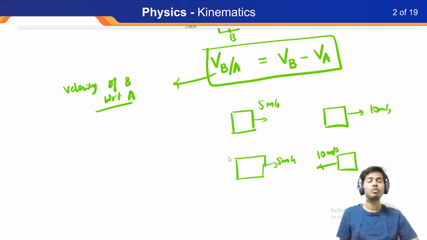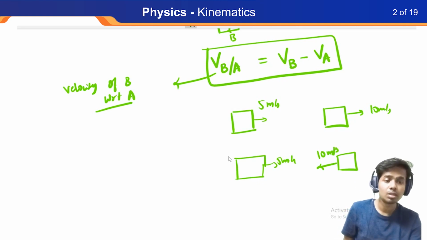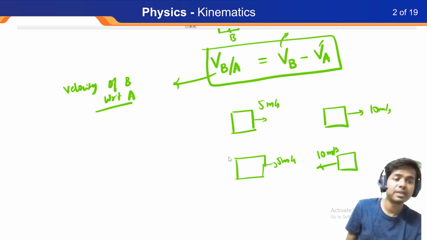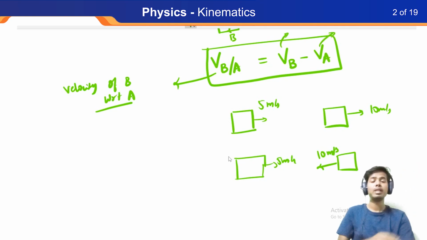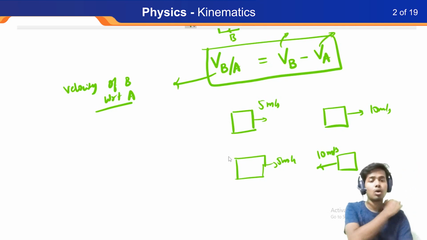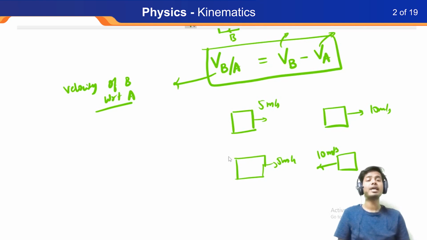What should be the magnitude of relative velocity in each of the cases? Should it be the same? What do you think? Of course not, because these are all vector quantities and you will have to take a reference. Reference means in which direction are you going to take the numbers as positive and in which directions are you going to take the numbers as negative.